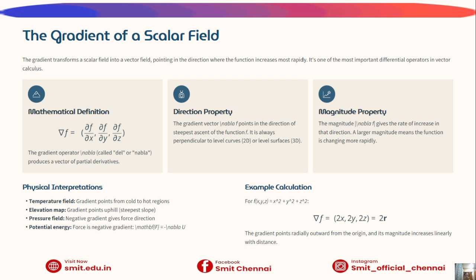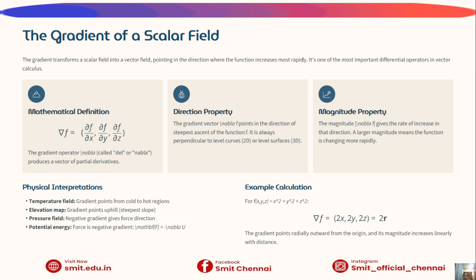Next we see the gradient of a scalar field. The gradient is an important operator that acts on a scalar field and produces a vector field. It is represented by the symbol del. The gradient points in the direction of maximum increase of the scalar function. Its magnitude represents the rate of change in that direction.